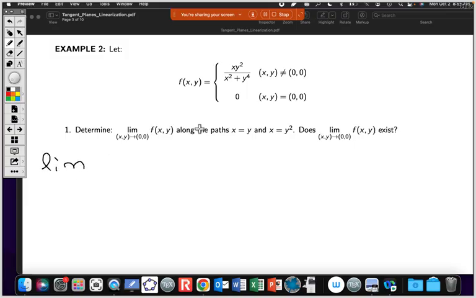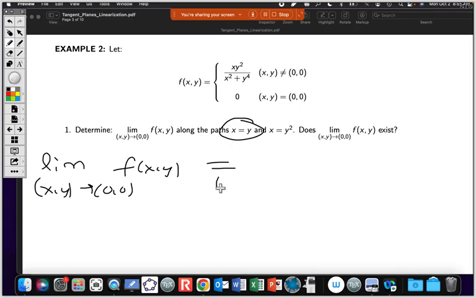If I take the limit, let's go along x equals y. So everywhere I see an x, I'll plug in a y. So I'm going to sub in y for x.